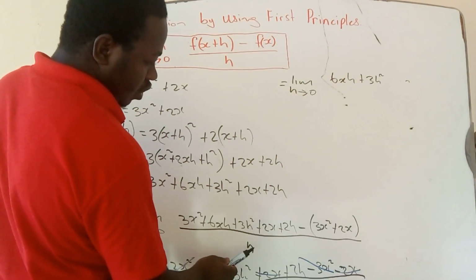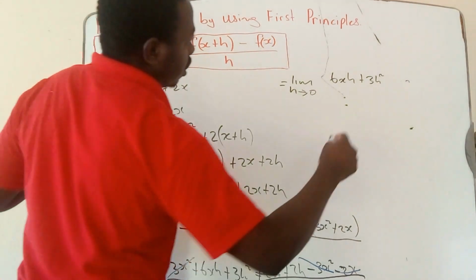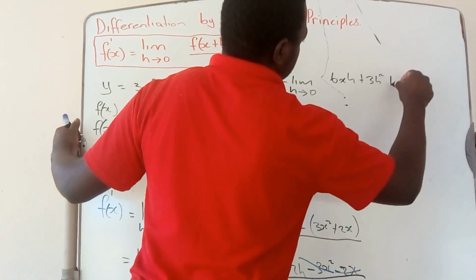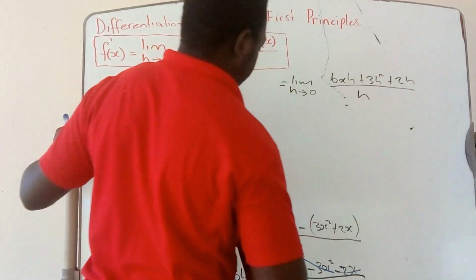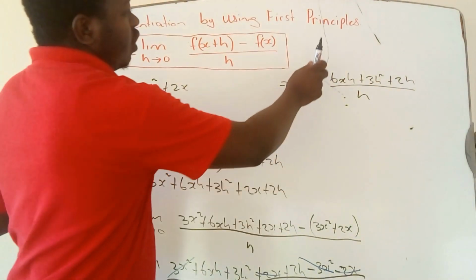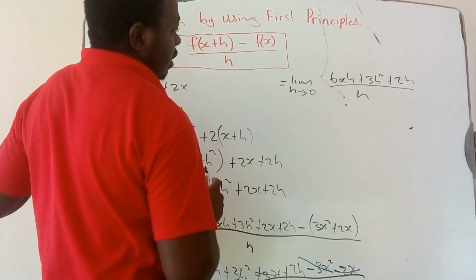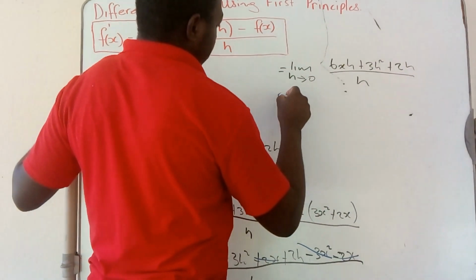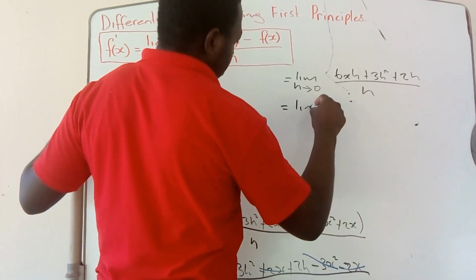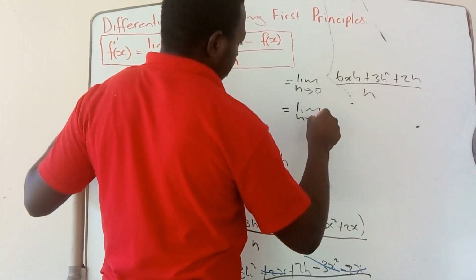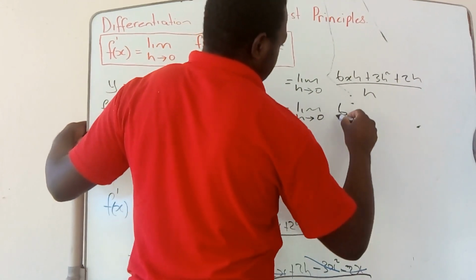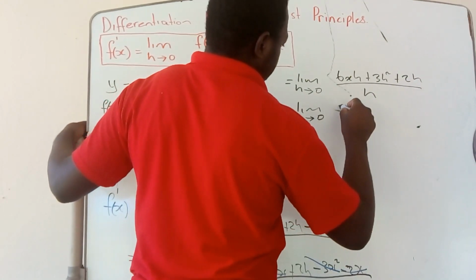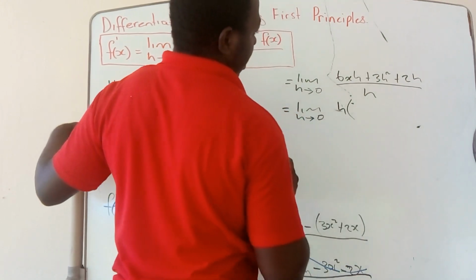We have this term, plus 2h, all over h, right? Now we can factor out h out of the numerator, right? So if we factor out h out of the numerator, we have the limit as h approaches 0. Factor out h, we're going to take out an h, open a bracket.